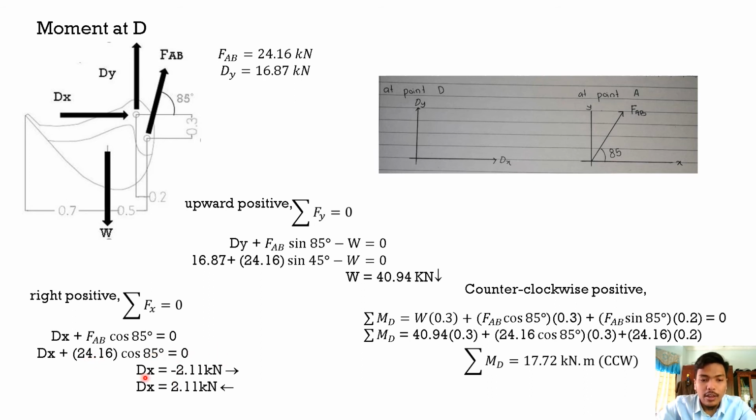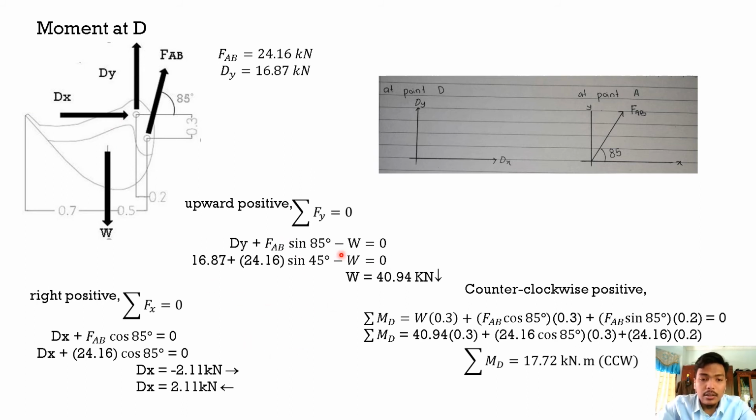Next, we have Dx equal to negative 2.11 kilonewton. Going right is positive, so because we get the answer in negative form, we can say that Dx equals positive 2.11 kilonewton going to the left. That means this force is going to the left in tension.